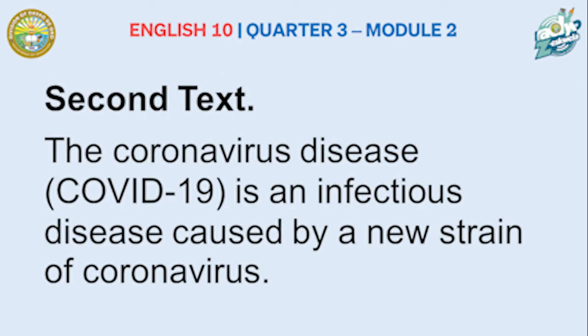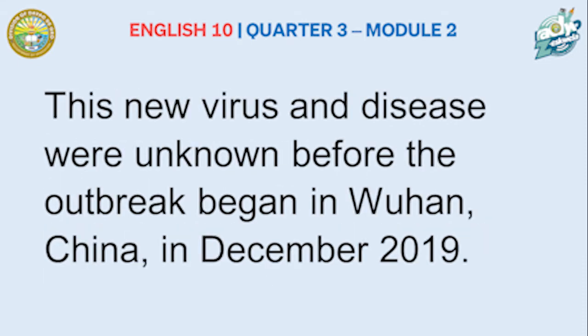Second text. The coronavirus disease, COVID-19, is an infectious disease caused by a new strain of coronavirus. This new virus and disease were unknown before the outbreak began in Wuhan, China in December 2019.